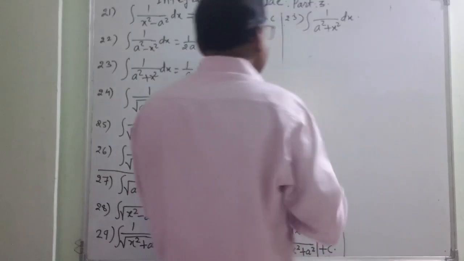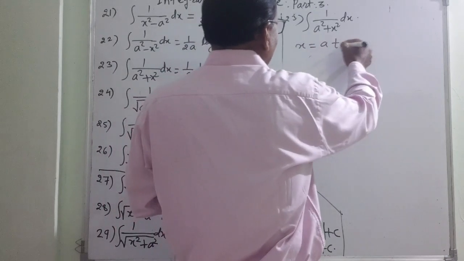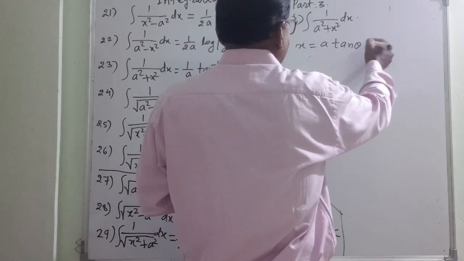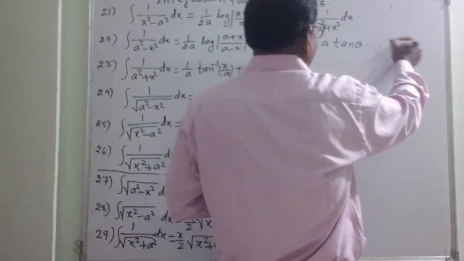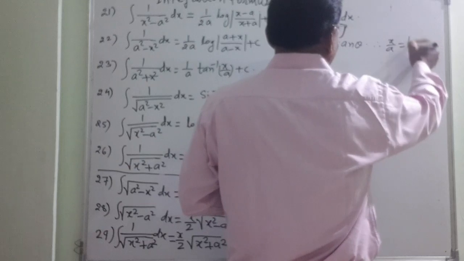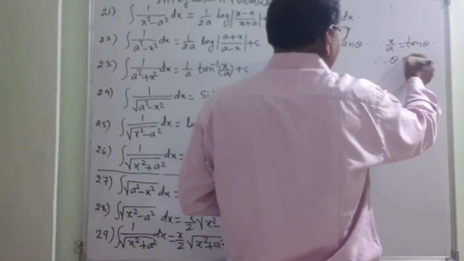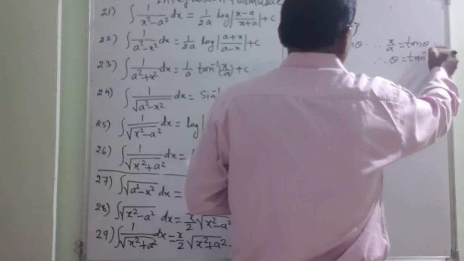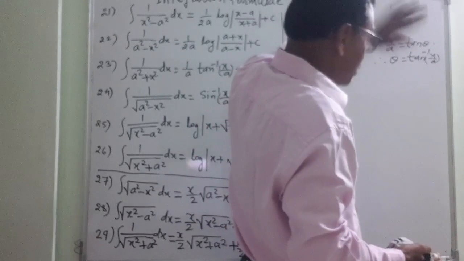What I will do is, x is equal to a tan theta, I will put tan theta. Therefore, x upon a is equal to tan theta. Therefore, theta is equal to tan inverse of x upon a. Yes, it is. This tan is brought here. This way you have to remember.